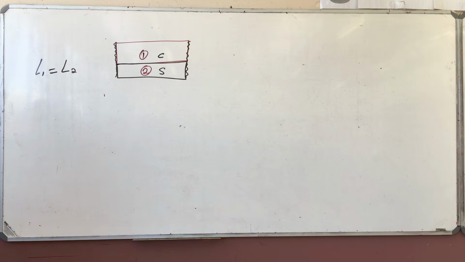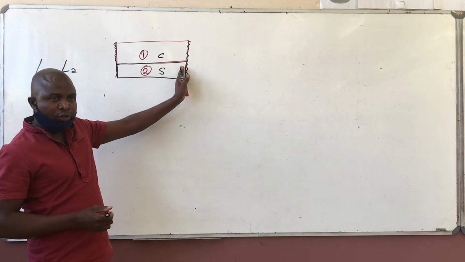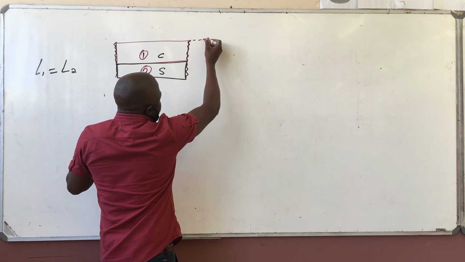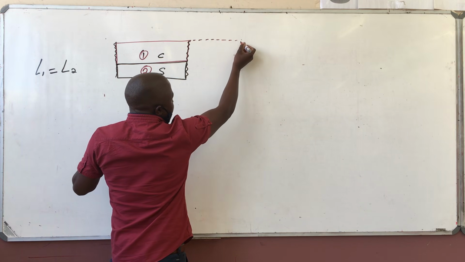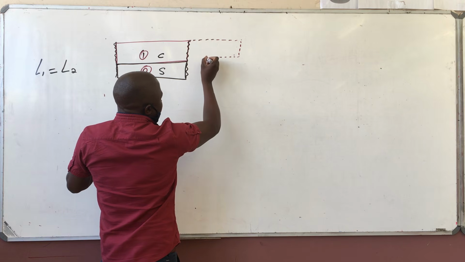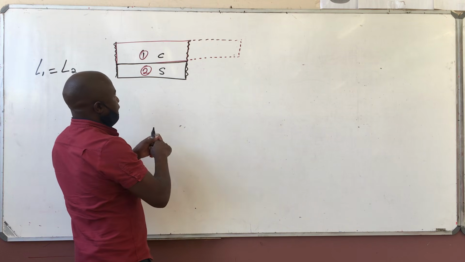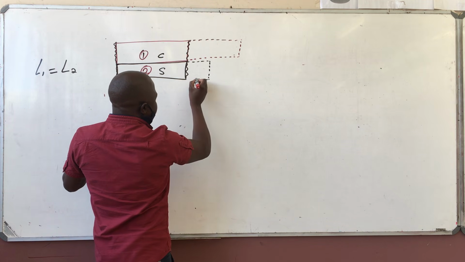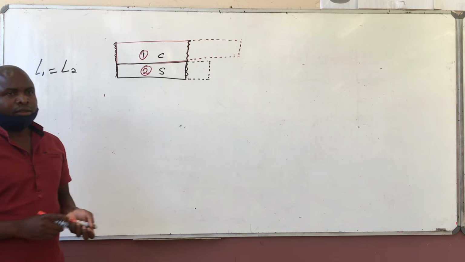If these two were not fixed together, the copper was going to expand more than the steel, meaning the steel will expand up until somewhere there.